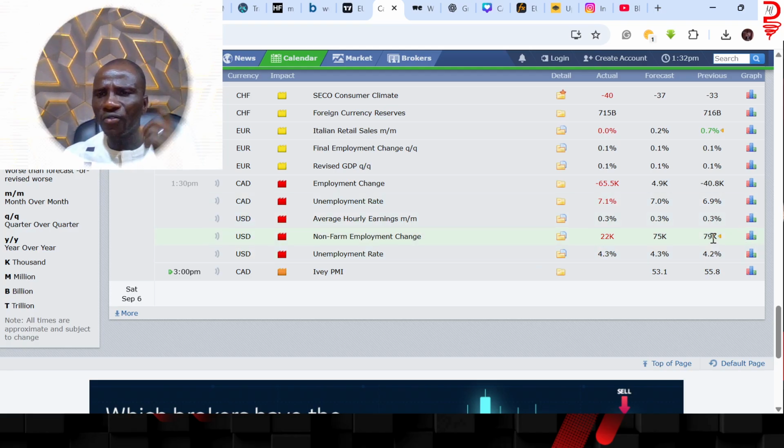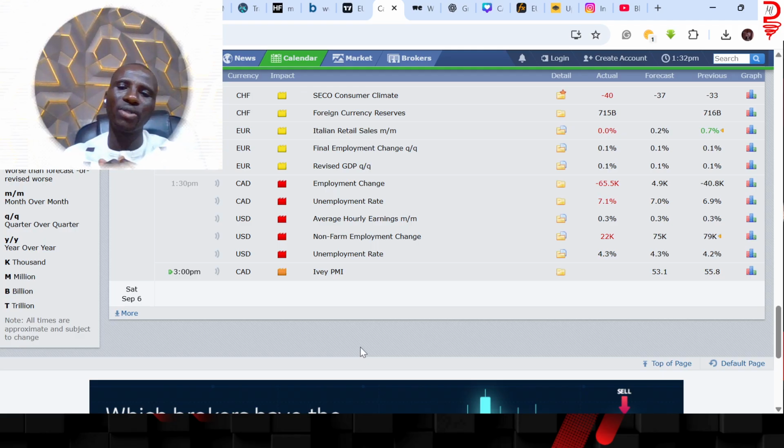So the previous data was 79,000, and the forecast or expectation was that the data, even if it is going to decline based on the current overview of the economy of the United States, should be around 75,000.